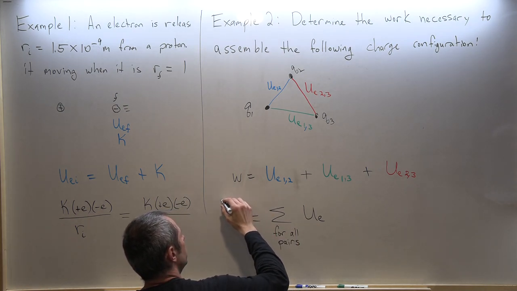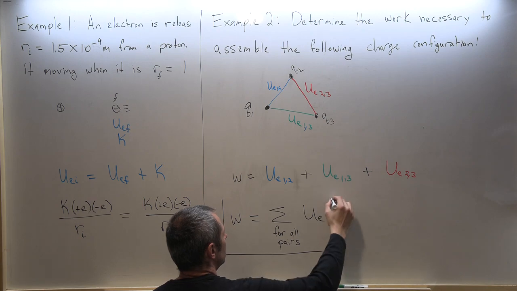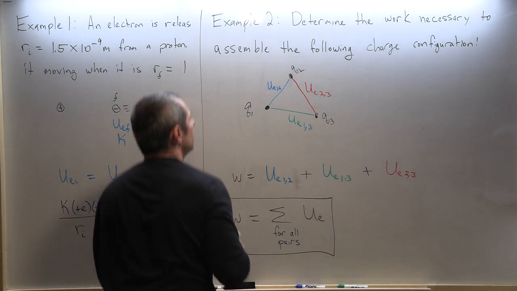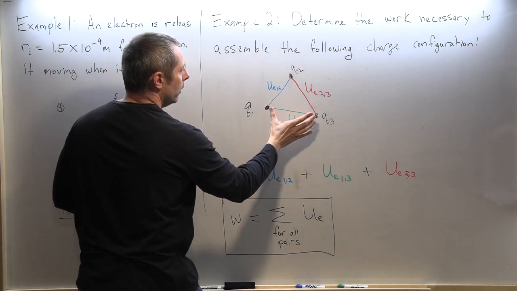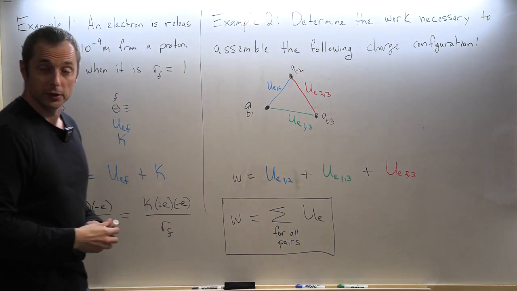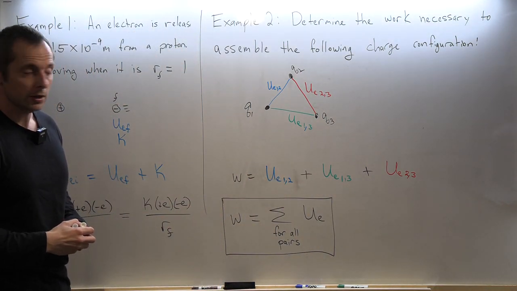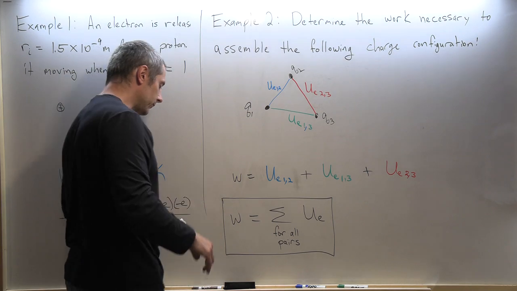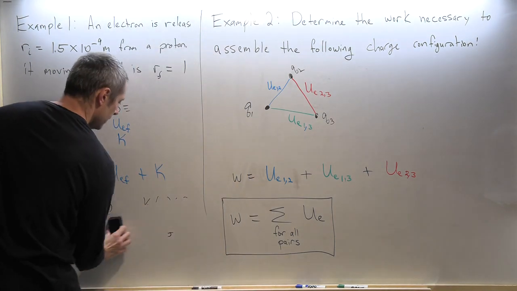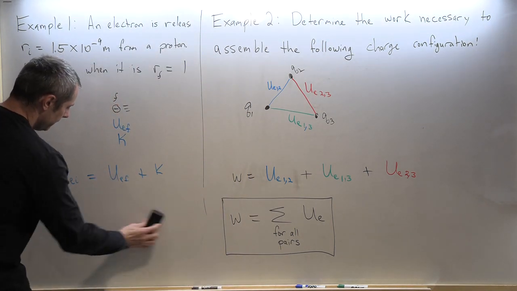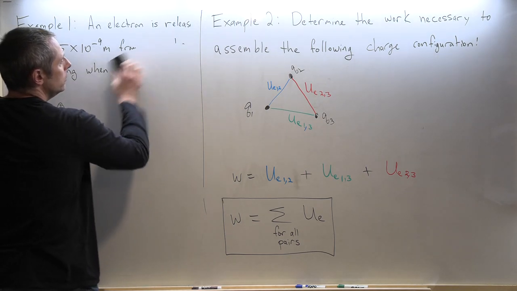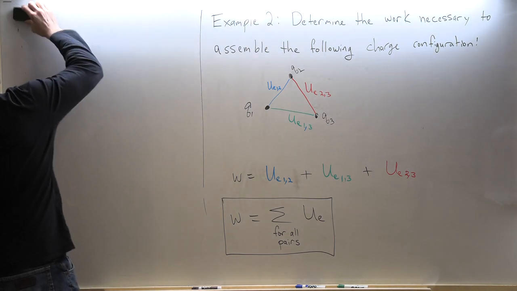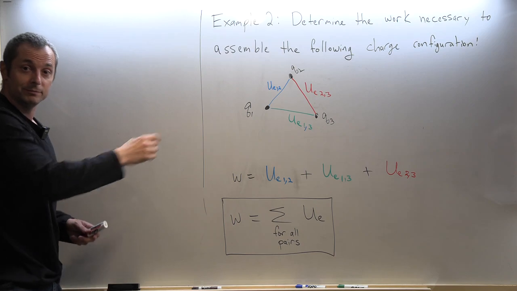And that's the work to assemble. Okay? One pair, one pair, one pair, you use the formula 3 times. So for 3 charges, you have 3 terms. I'll pause the video to allow you to jot that down.